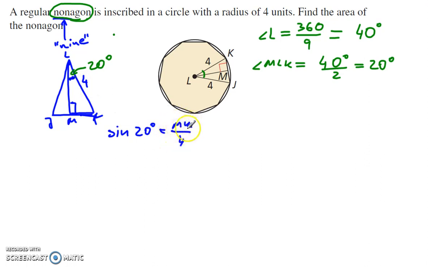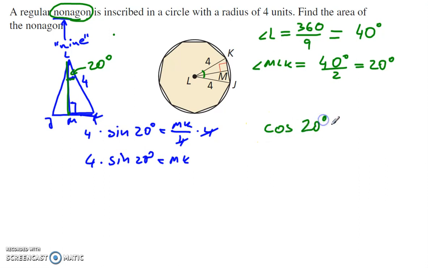Now, if I want to find MK, I'm going to multiply each side by 4. These cancel out, and I get 4 times sine 20 is equal to MK.